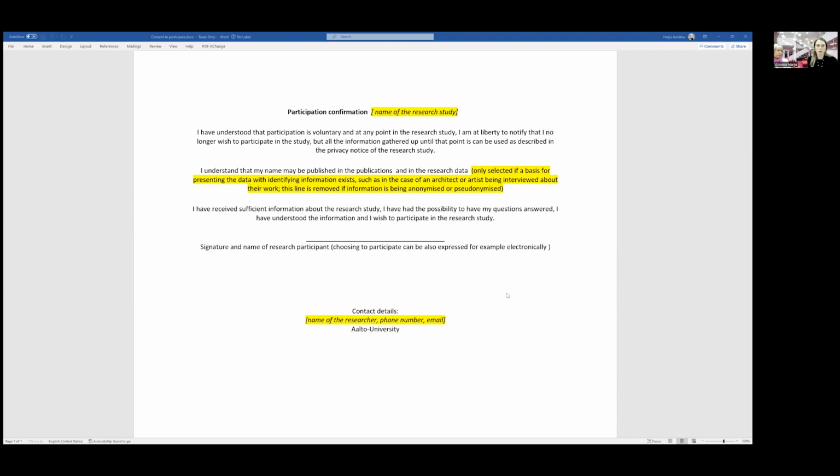So there you tell what the purpose of the research is, the methods, how much time the participants need to use for this, and what actually happens in the research setting. In that document, you usually also give information that the research participation is voluntary and that you may withdraw your consent anytime, and you give information if they receive any compensation, if they are given any money or gift cards, that would also need to be noted.